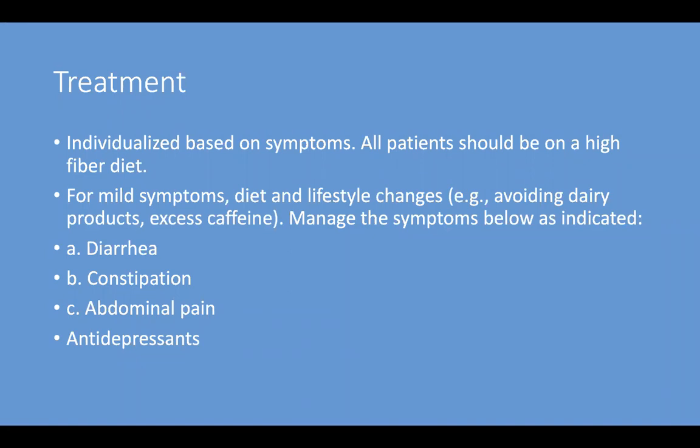If a patient has IBS that is primarily diarrhea, we will give him an antidiarrheal such as loperamide. If the patient has constipation-dominant IBS, we could give him anything that could relieve it, such as a laxative like psyllium.